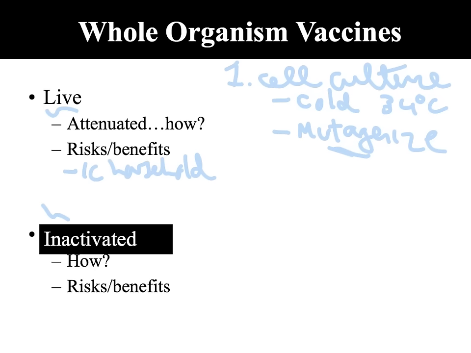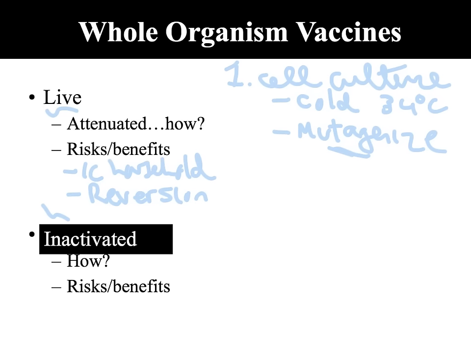In addition to that, there is also the remote potential that you can have a reversion to virulence. The best example of this happened with oral polio vaccine strains. Now, in the United States, we no longer use the oral polio vaccine, but that was a decision that was made not so very long ago. I myself had the oral polio vaccine as a kid. At this point, we use an inactivated one. We'll get back to those in a second.